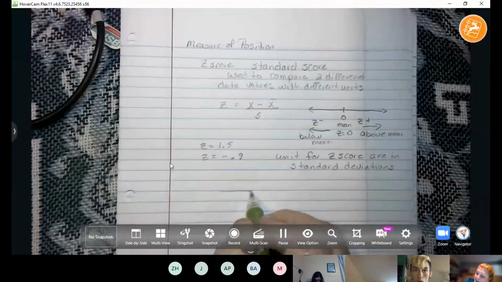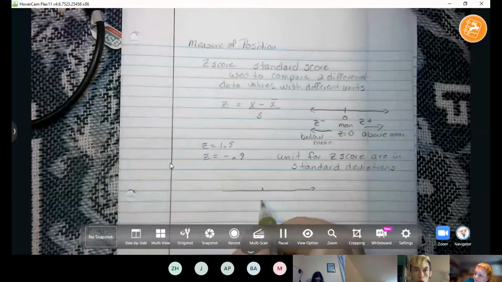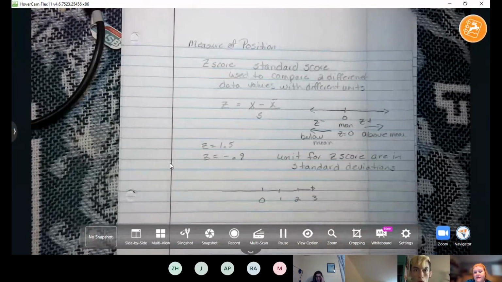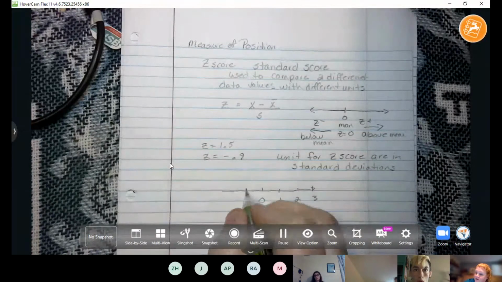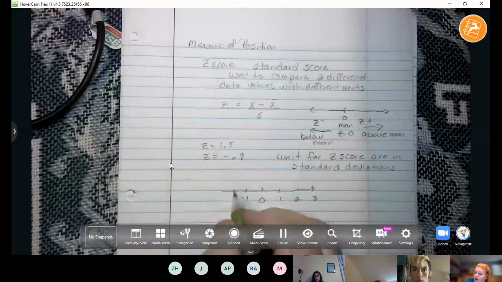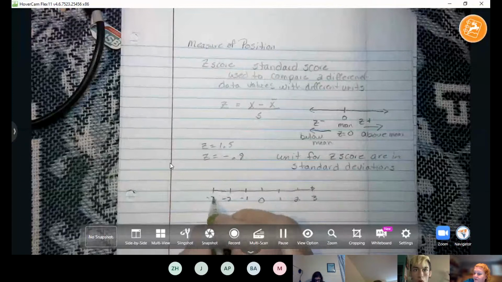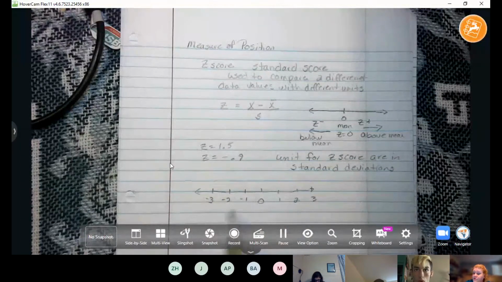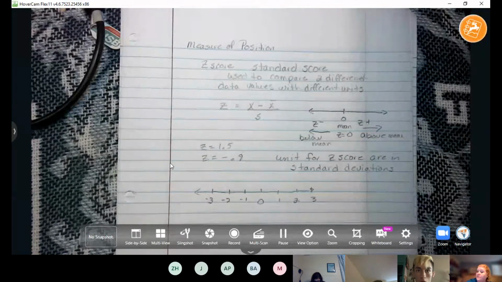So as we expand this number line, we are 1 deviation above, 2 deviations above, 3 deviations above, or 1 deviation below, 2 deviations below, 3 deviations below. Although you can go more than that, above or below, it is unusual to be more than 3 above and more than 3 below.